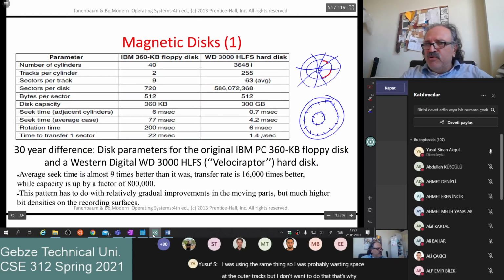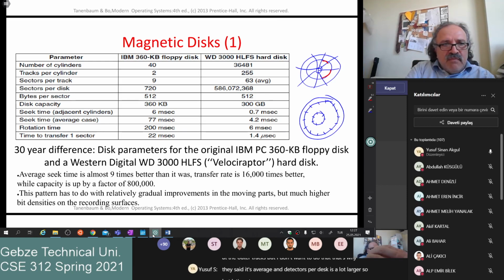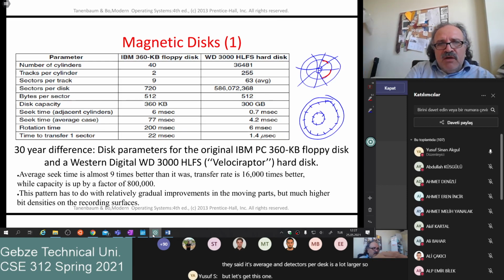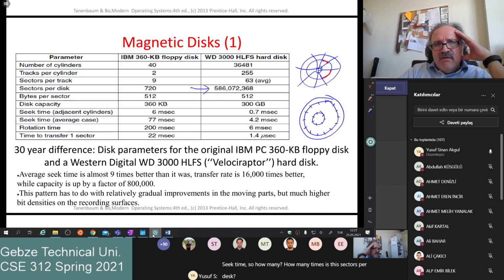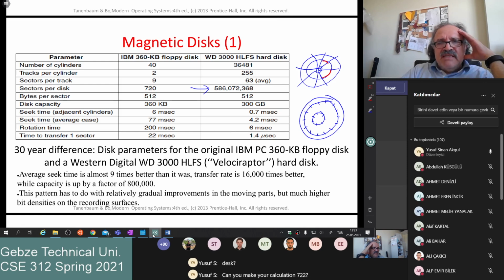And the sectors per disk is a lot larger. Let's look at this one. Seek time. So how many times is this? Sectors per disk. Can you make a calculation? 720 to 586 million.